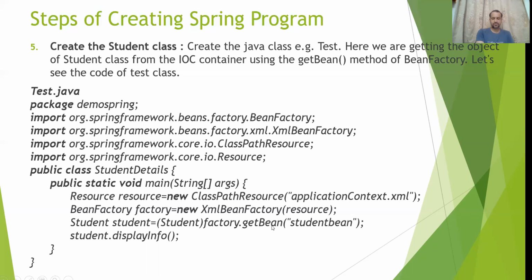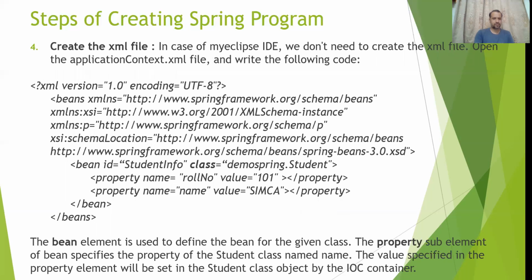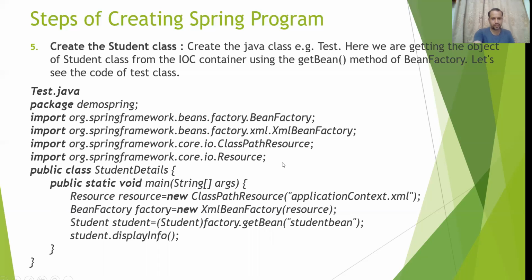The getBean is going to generate a simple object that I have to convert into the form of Student. That's why I have to do the typecast: factory.getBean, and here the student bean. There is some misprint, and there I have to mention studentinfo. And now student.displayInfo will work.